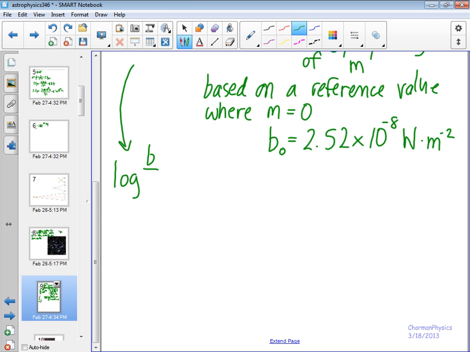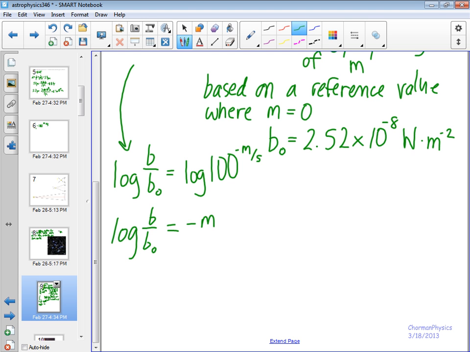If we take the log of both sides, it looks like the following: log of B over B naught is equal to negative m divided by 5, times 2, since it's log of 100, base 10.